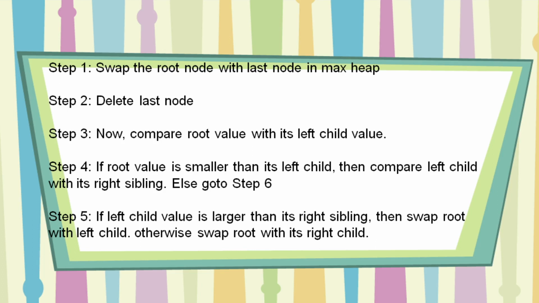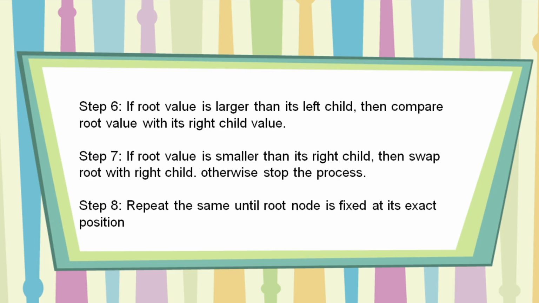Otherwise, swap the root with its right child. If the root value is greater than its left child, then compare the root with its right child value. If the root value is smaller than its right child, then swap the root with its right child. Otherwise, stop the process. Repeat this process until the root node is fixed at its exact position.